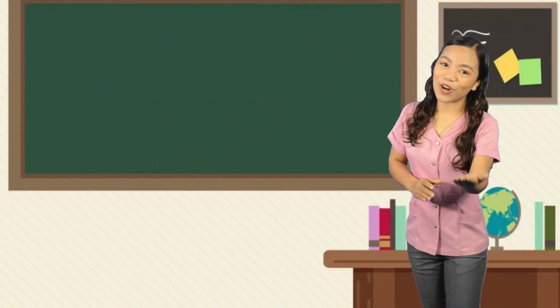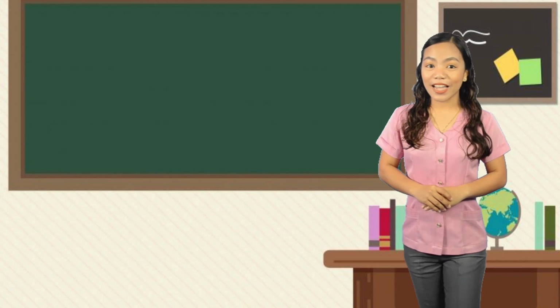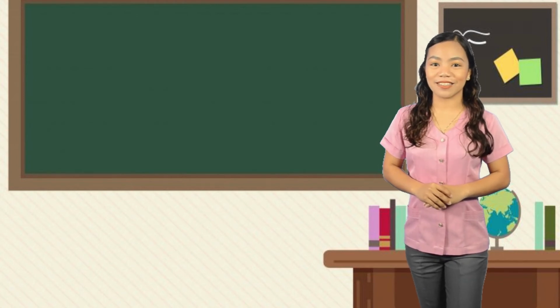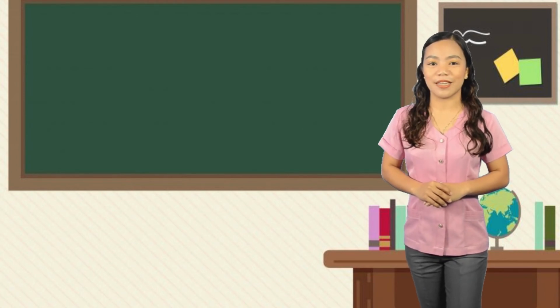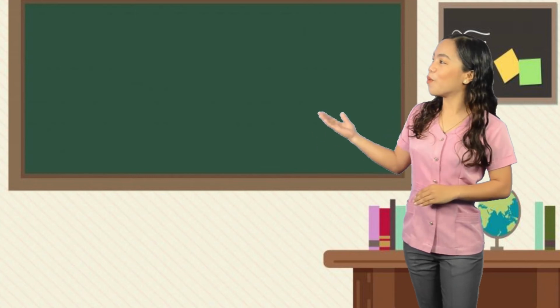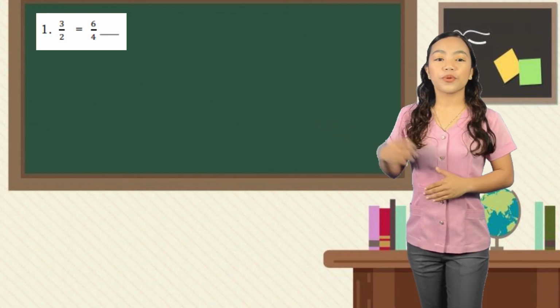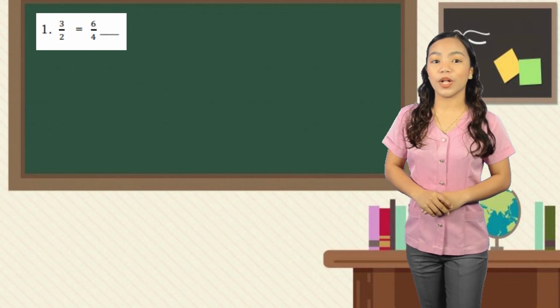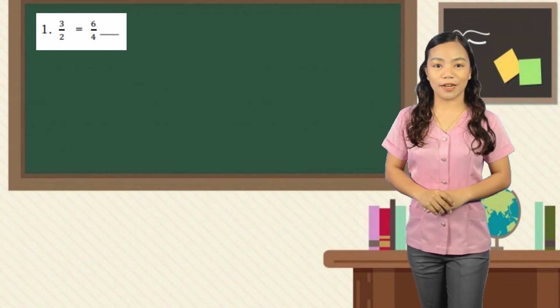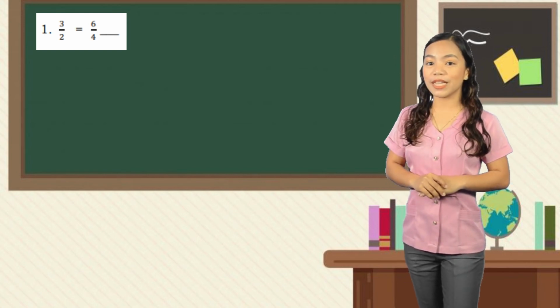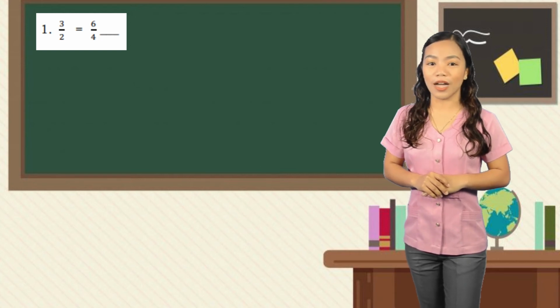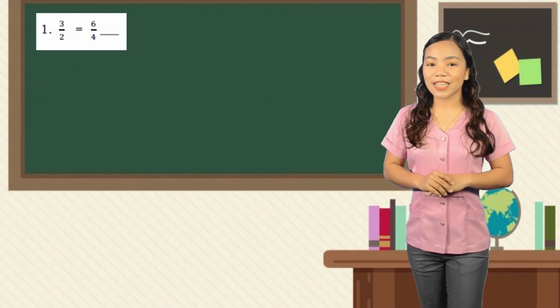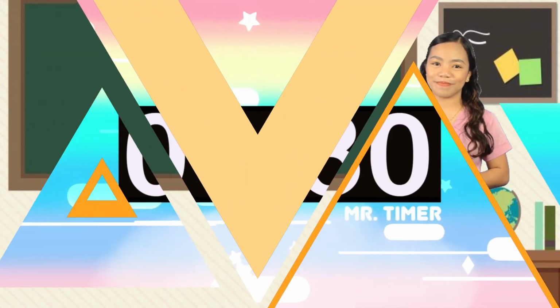Now, it's your turn. I shall give you 10 seconds to answer each item. For number 1, 3/2 equals 6/4. Is it yes, equivalent or no, not equivalent? Time starts now.